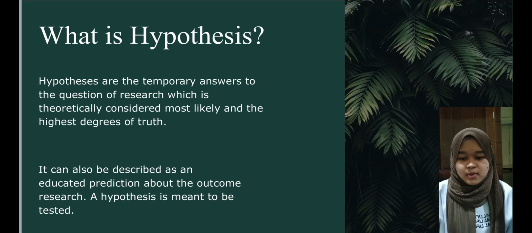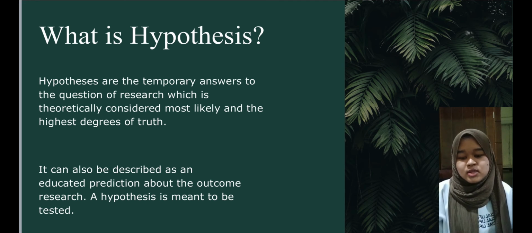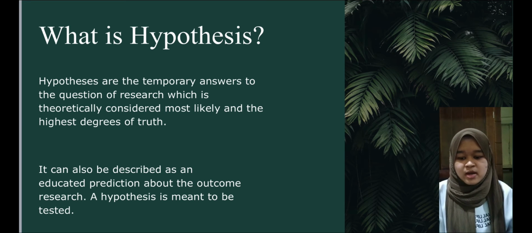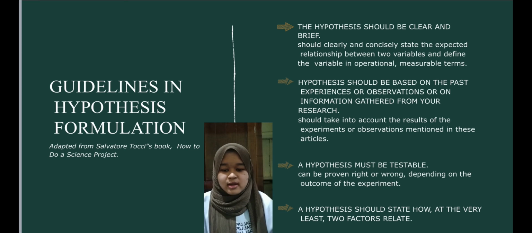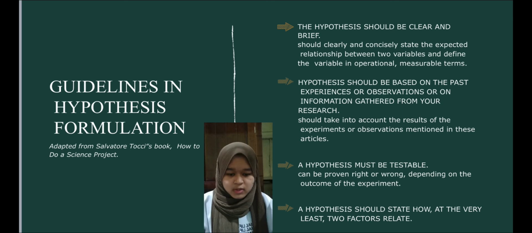Hypotheses are temporary answers to the question of research which is theoretically considered most likely and of the highest degree of truth. It can also be described as an educated prediction about the outcome of research, and a hypothesis is meant to be tested. The guidelines in hypothesis formulation. The first thing is the hypothesis should be clear and brief.